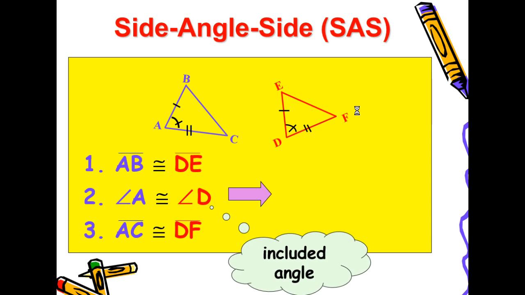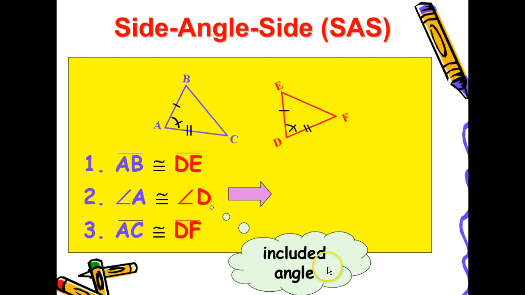The next one that we're going to talk about is side, angle, side, conveniently abbreviated by SAS. A very important note to make about SAS. This A is the middle, okay? It's in between the S's. Well, guess what? The A better be the A between the 2 S's.